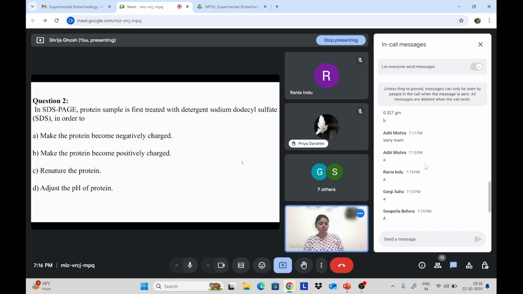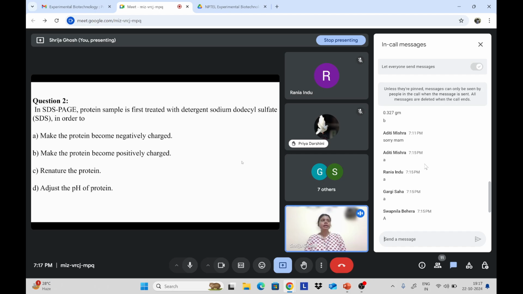So, SDS is the molecule that gives negative charge to the protein, as well as it denatures the protein. It basically unfolds the protein into a single amino acid chain so that it can be resolved in the polyacrylamide gel based on its size.